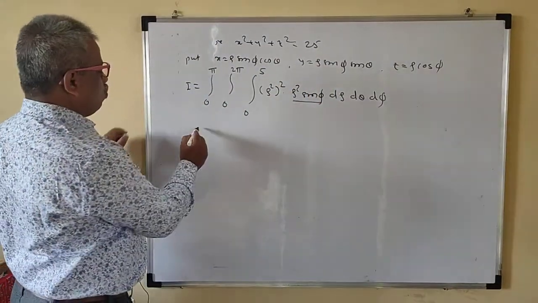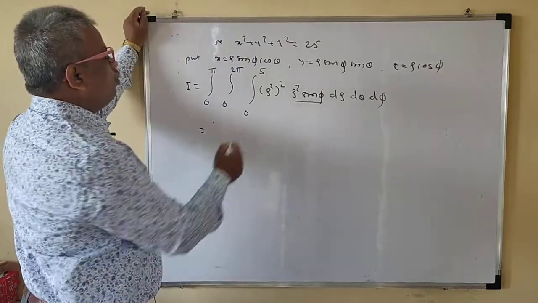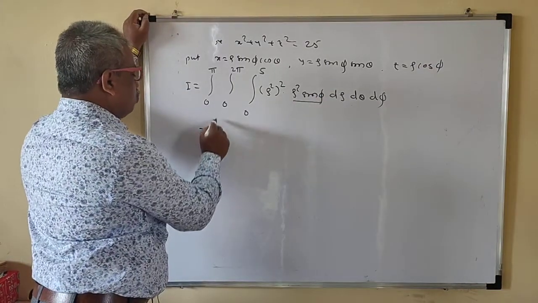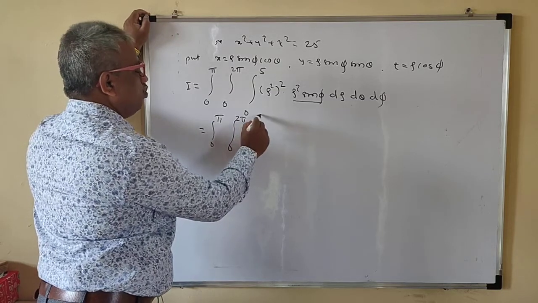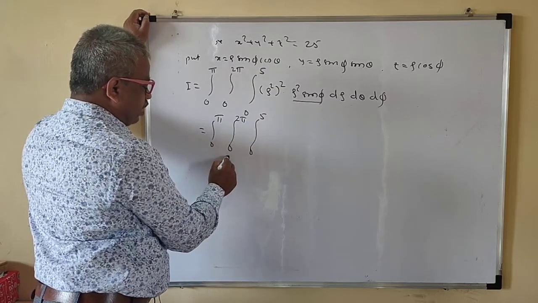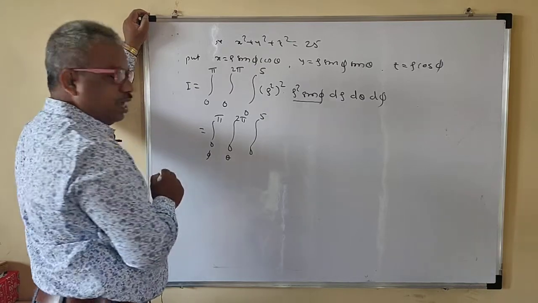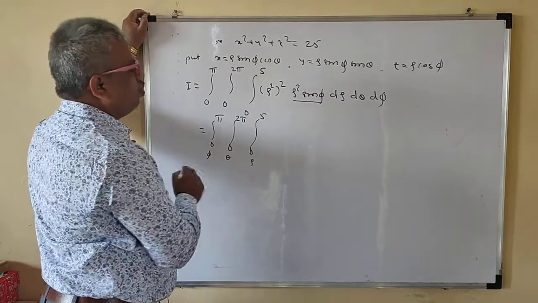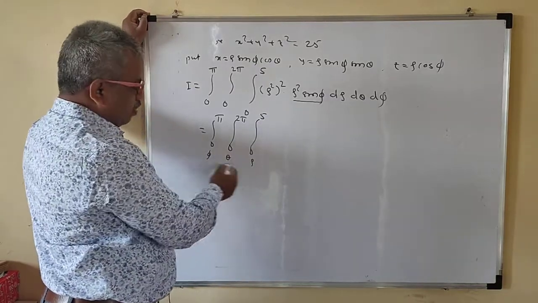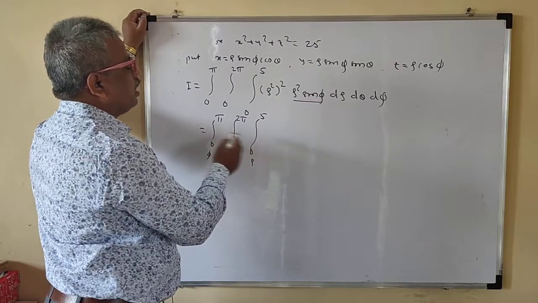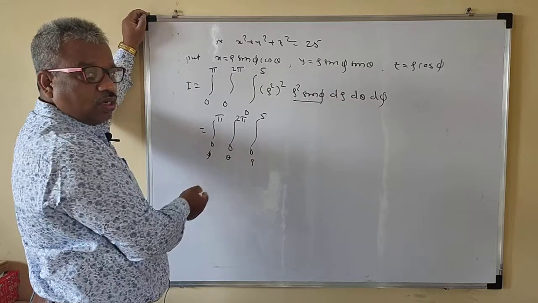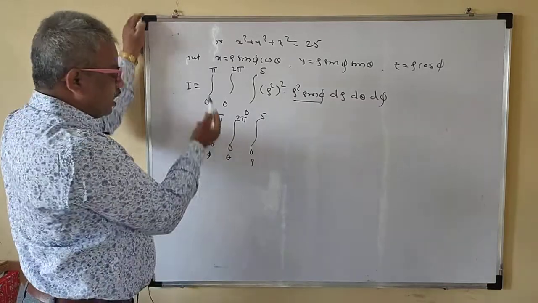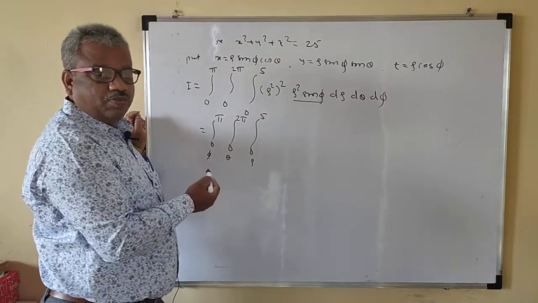So now we integrate. First we will simplify this. So this is 0 to pi, 0 to 2 pi, 0 to 5. These are the limits of theta, these are the limits of phi, note that, and these are the limits of rho. Okay. So no need to write this phi, theta and rho. You should understand and know which are the limits of theta, phi and rho.